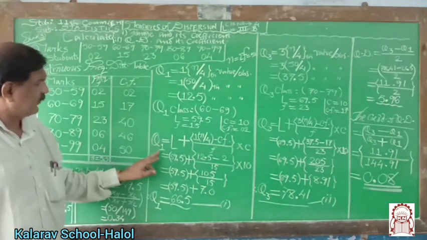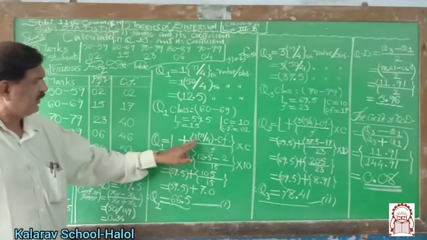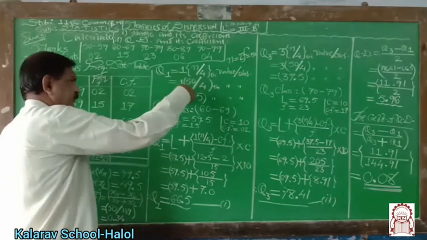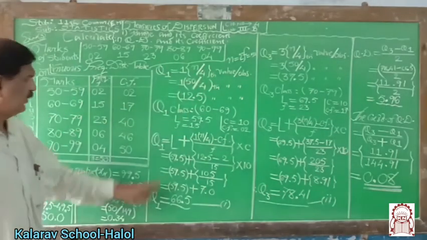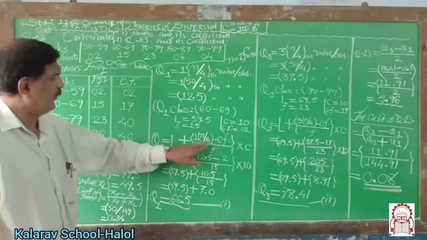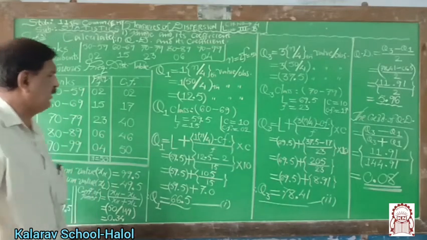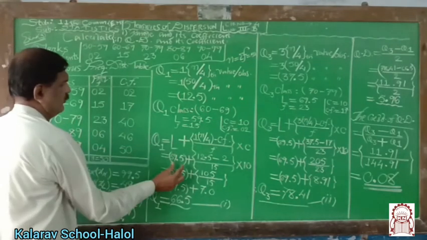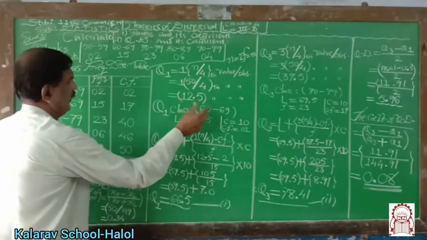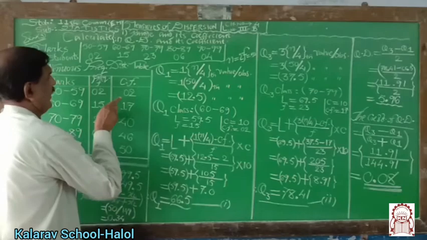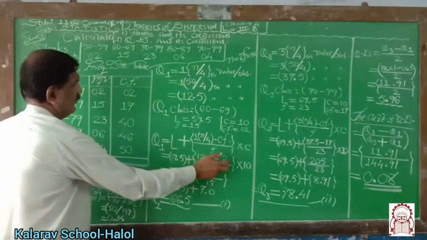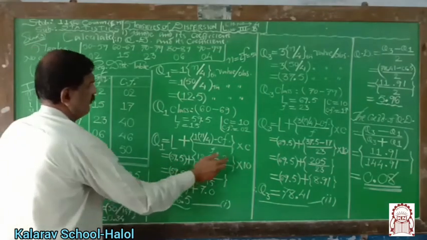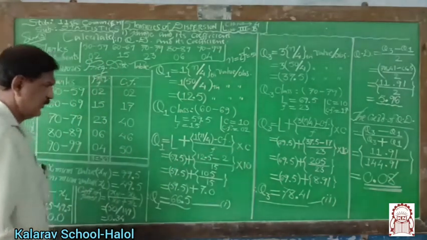The actual value of Q1 is L plus 1 into n by 4 minus CF upon F multiplied by C. Substitute the values: 59.5 plus 12.5 minus 2, upon frequency 15, multiplied by C, which is 10.